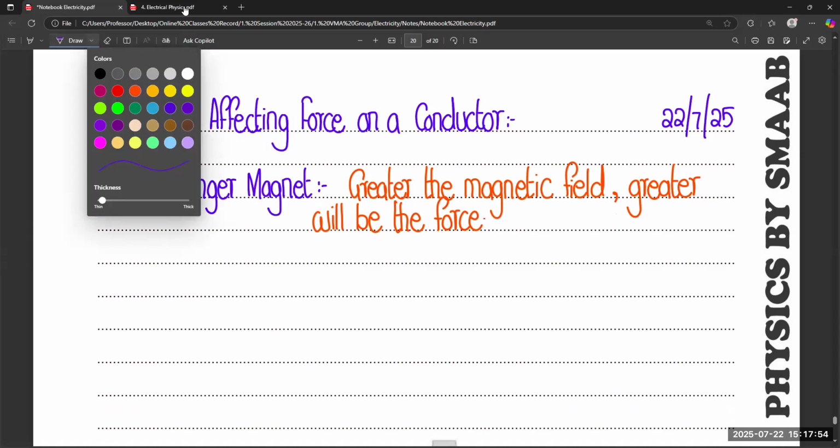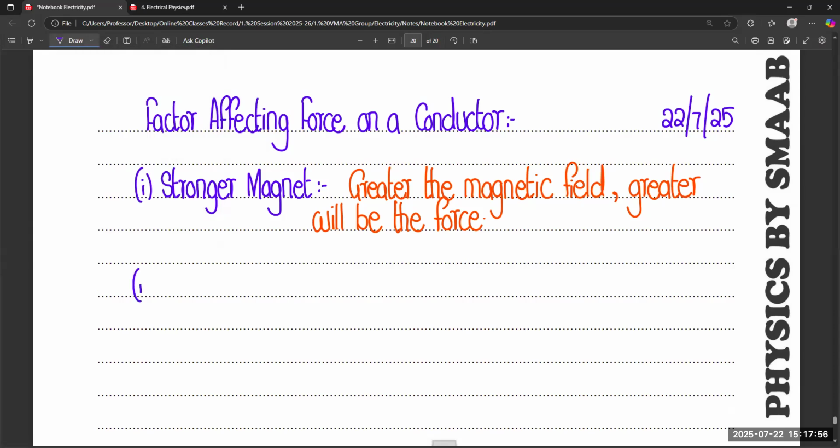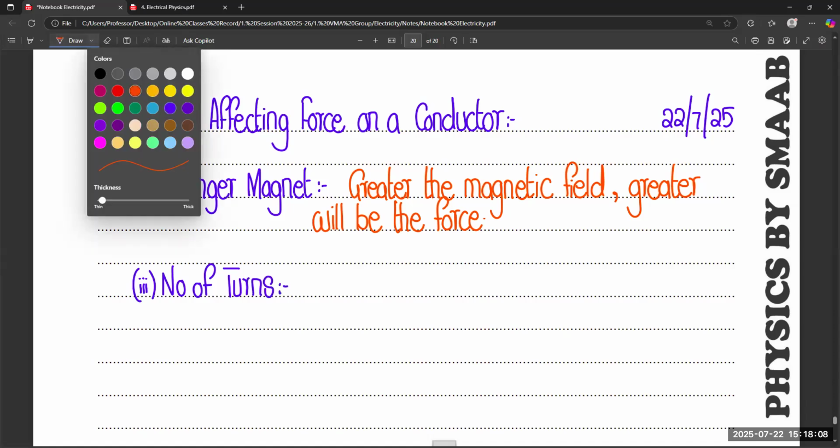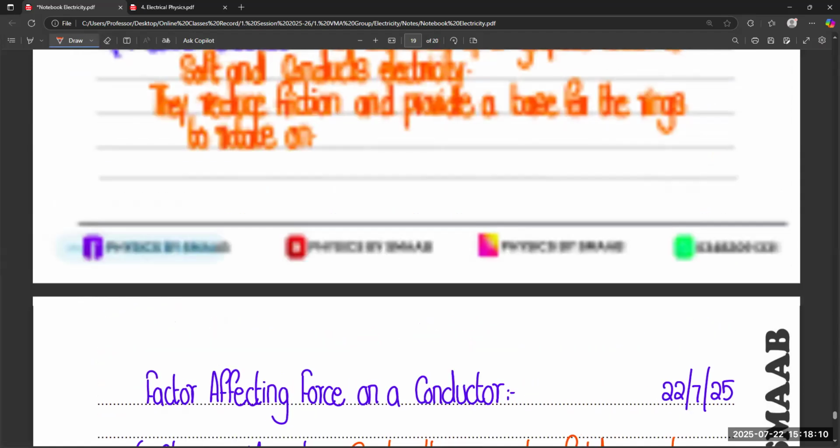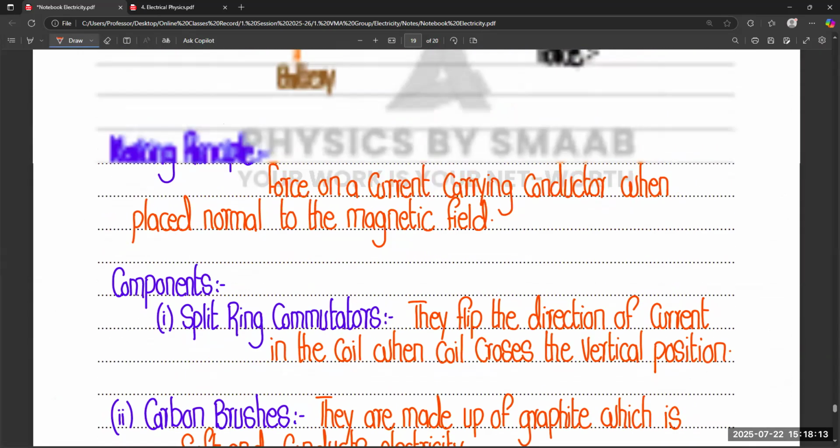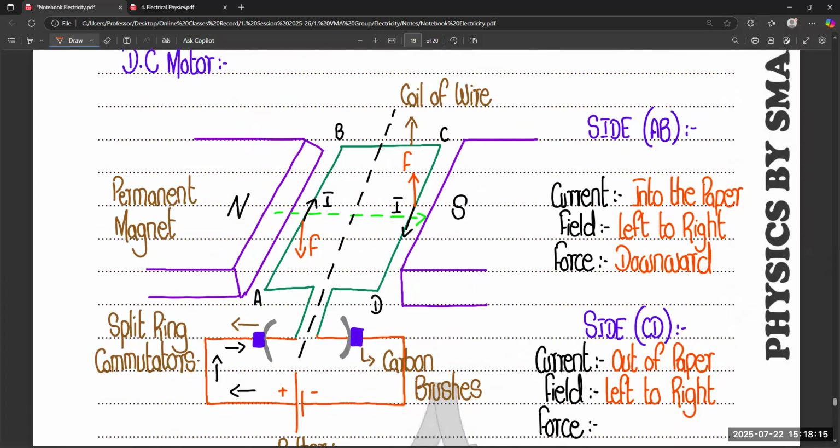And the second factor is number of turns. In our diagram, for basic idea, we just consider a single coil, right? But in a practical DC motor, it does not happen like that, where there is only one coil. There are multiple turns of the coil in a DC motor.